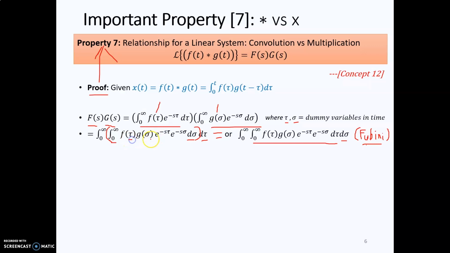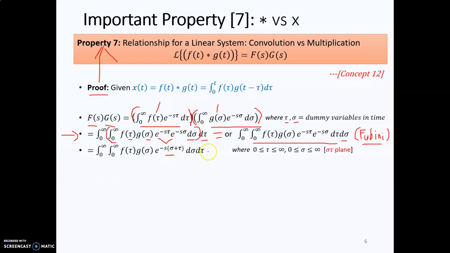You have the tau and sigma variables, so you can separate them according to their own variables, like this case. Multiplying these two exponentials gives you e to the negative s times (sigma plus tau). This equation is in the sigma-tau plane or region where tau is from 0 to infinity and sigma is from 0 to infinity.